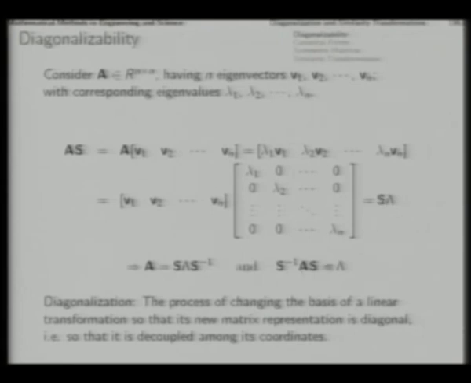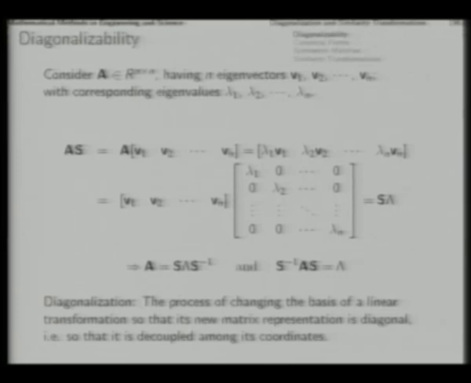That means that the matrix A in the new basis S gets diagonalized, and this process of changing the basis of a linear transformation so that its new matrix representation is diagonal is called diagonalization. In this process, the transformation, the mapping gets decoupled among its coordinates.